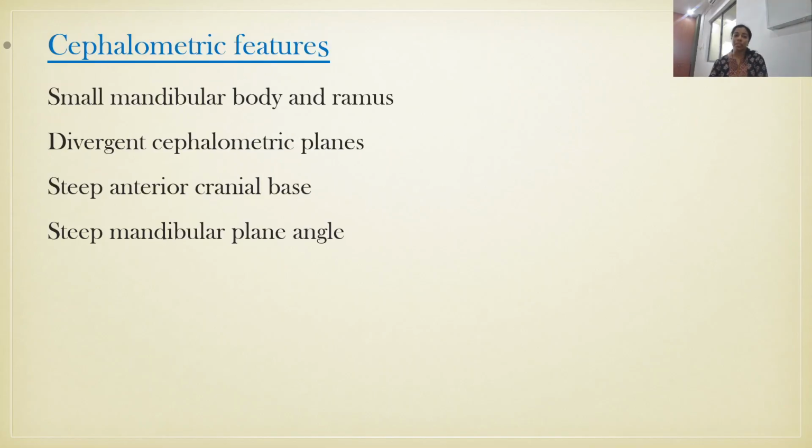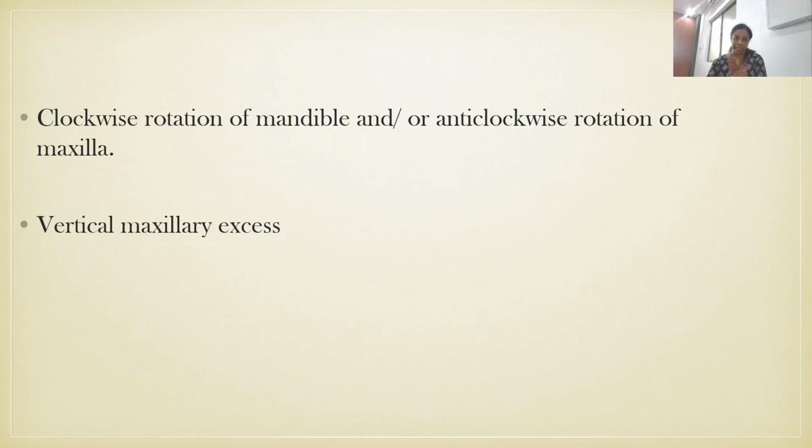In cephalometric features, usually presented with small mandibular body and ramus, divergent cephalometric planes, steep anterior cranial base, and steep mandibular plane angle. And as discussed earlier, there may be clockwise rotation of mandible and or anti-clockwise rotation of maxilla.